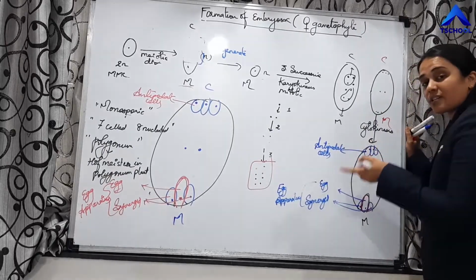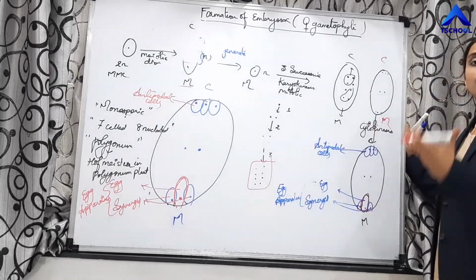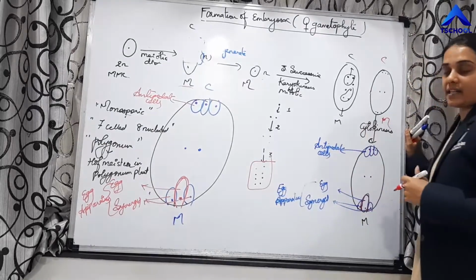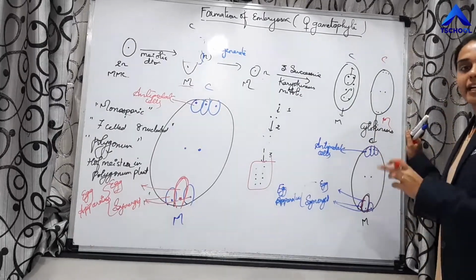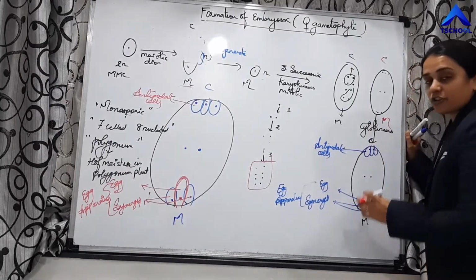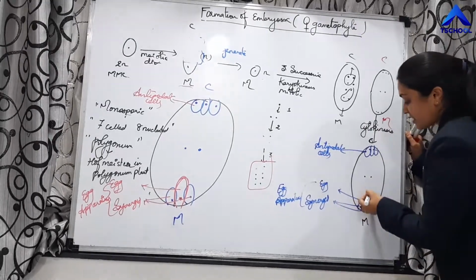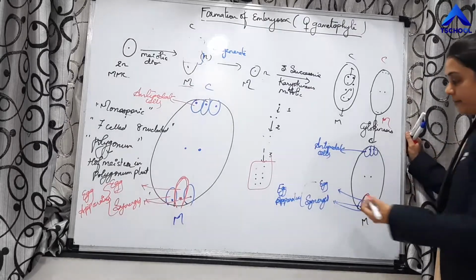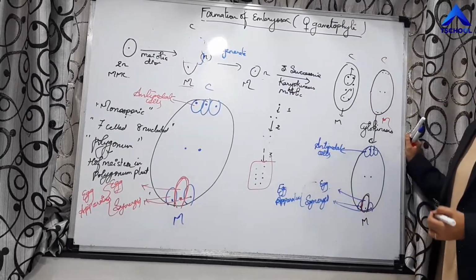Around the nuclei towards the chalazal end and micropyle end, there is formation of a cell wall, that is cytokinesis. The 3 cells towards the chalazal end are called antipodal cells. The 2 cells on either side at the micropyle end are called synergid cells, and the center large cell is the egg cell. The egg cell and synergid cells together are called the egg apparatus.